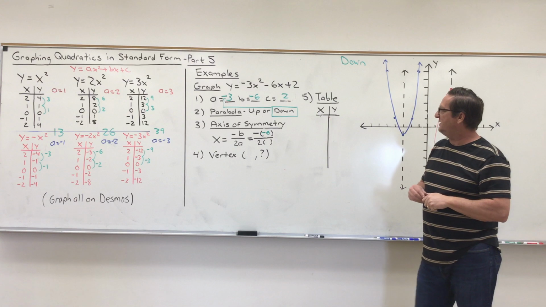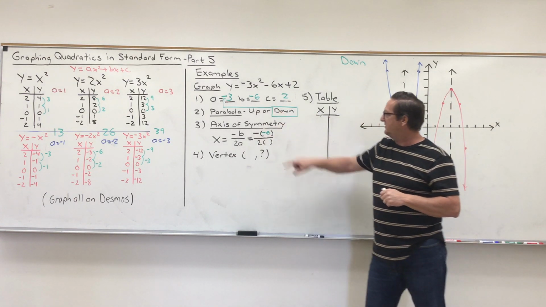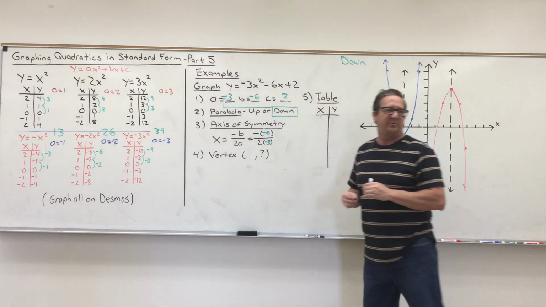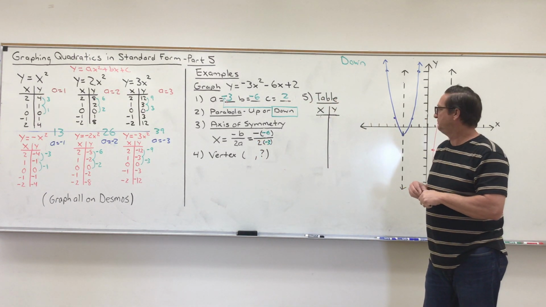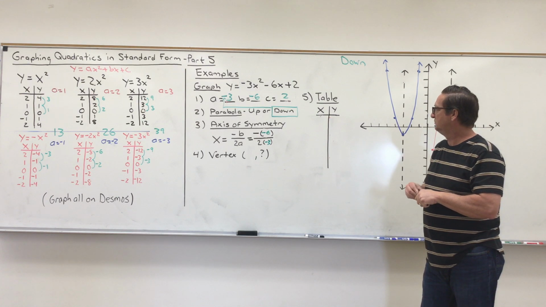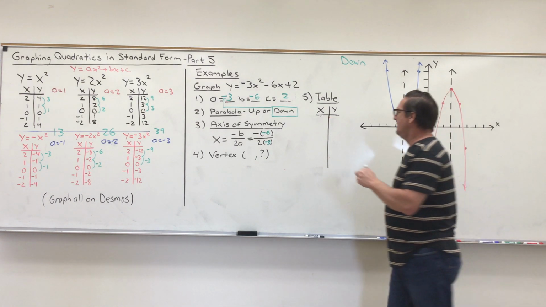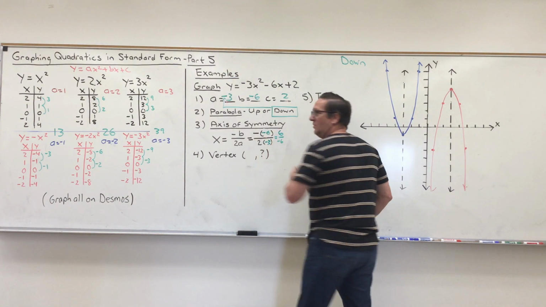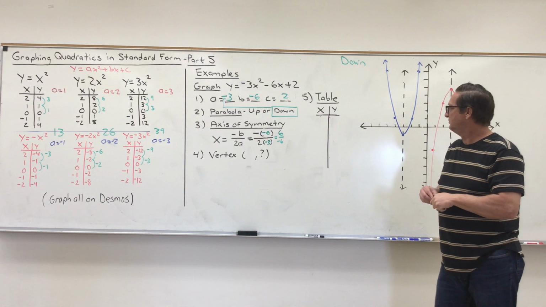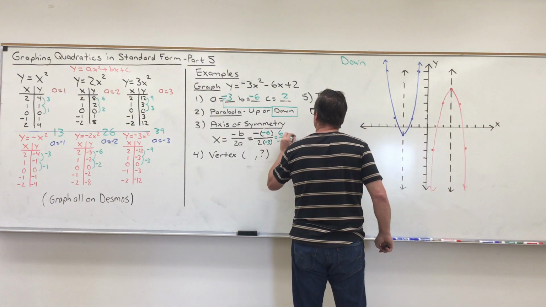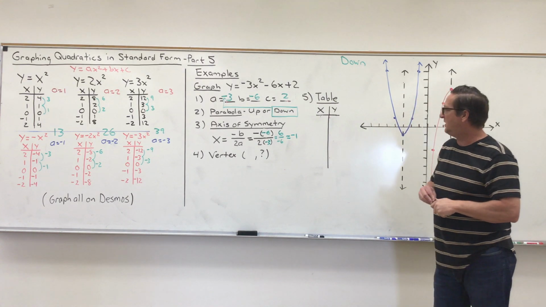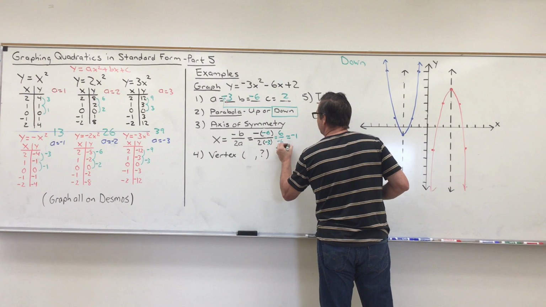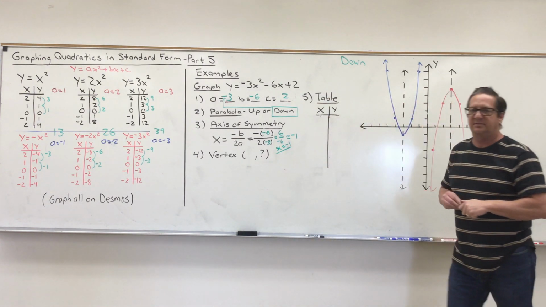So there is a negative 6 with a negative 3. And that is going to give me 6 over negative 6 for a negative 1. Okay? So my axis of symmetry is x equals -1.